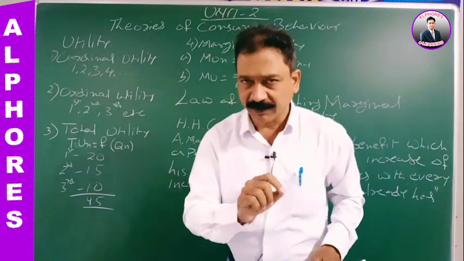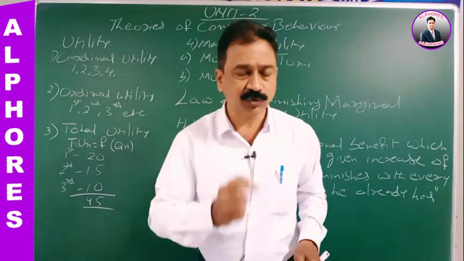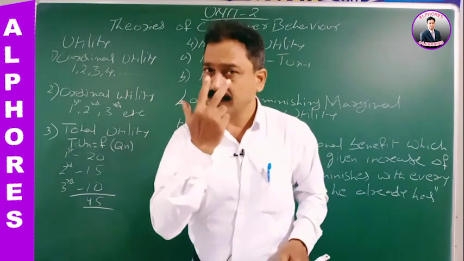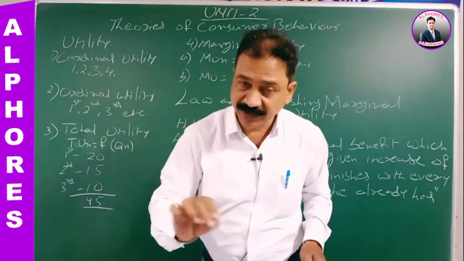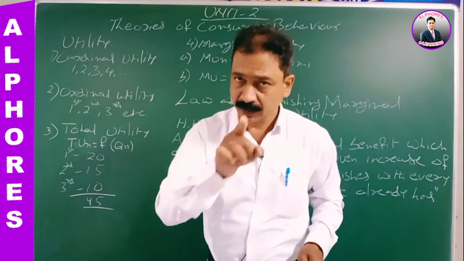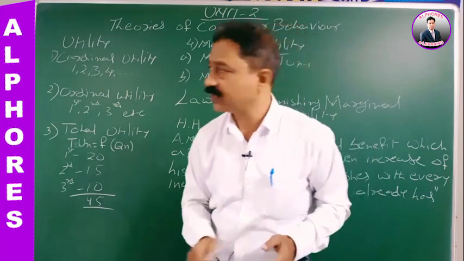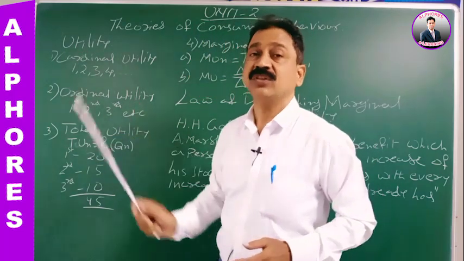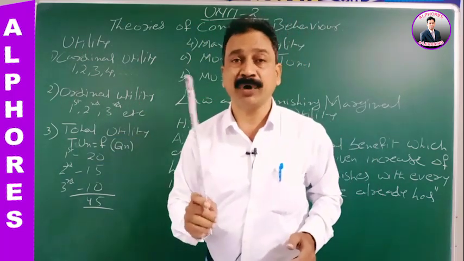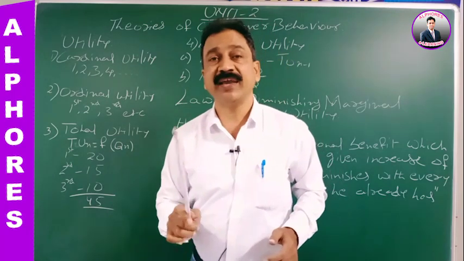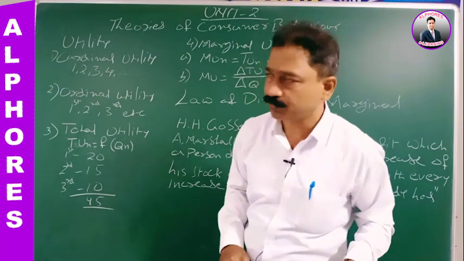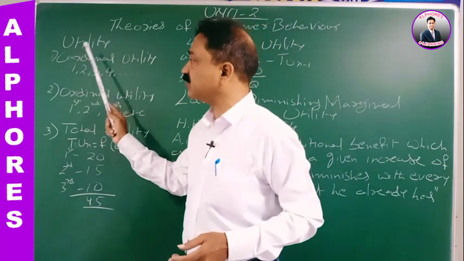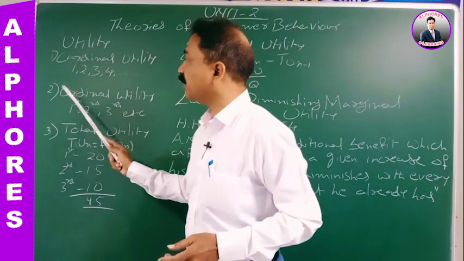When I am saying, your hearing is going on. When I am saying, your eyes are working. At the same time, you feel it, you start writing it. Utility means the want satisfying power in any commodity. You can read it in the textbook too. Now we will see this utility is divided into 2 types, cardinal and ordinal.